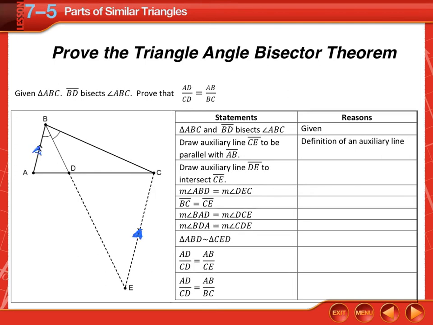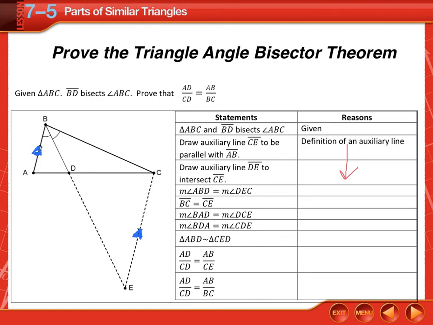And we're also going to continue this angle bisector BD until it intersects that parallel line CE. When we have these parallel lines, we create some congruency with angles. By definition, an auxiliary line is just a helpful line that helps us understand the diagram.